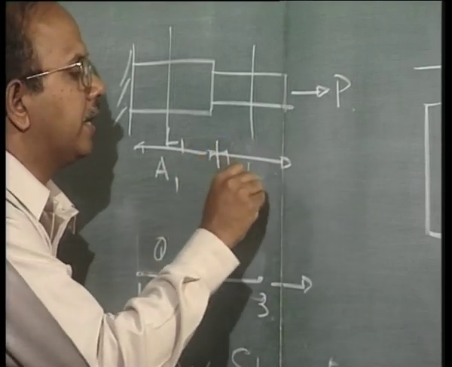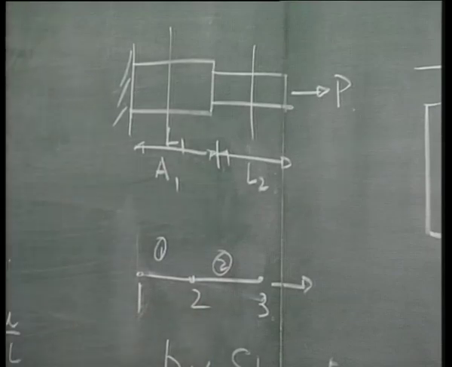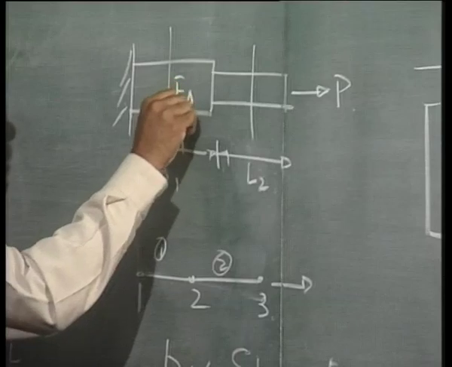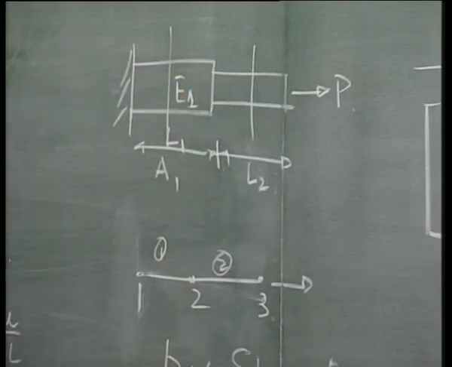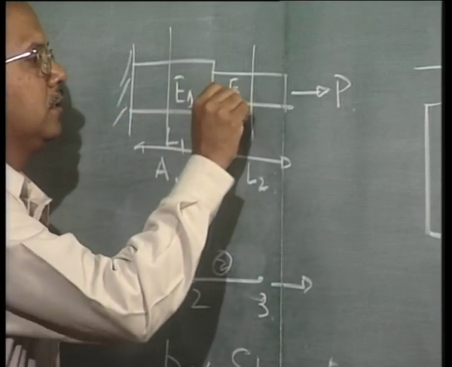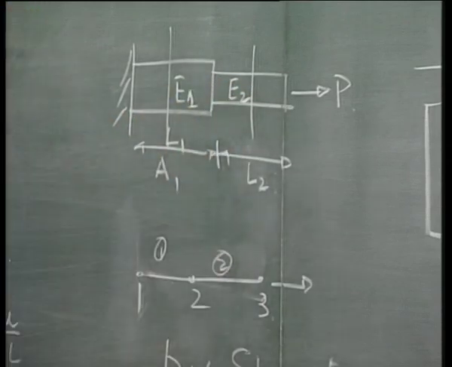this length to be say L2. Just to generalize this problem, let me call the Young's modulus to be E1 of this bar and this to be E2. Is that clear? Okay.